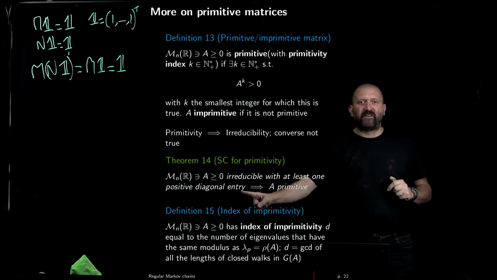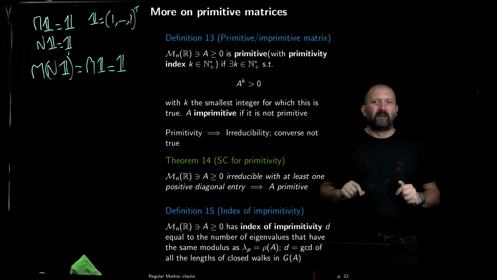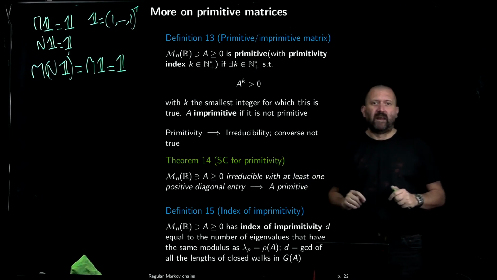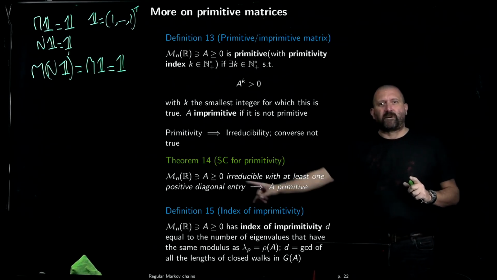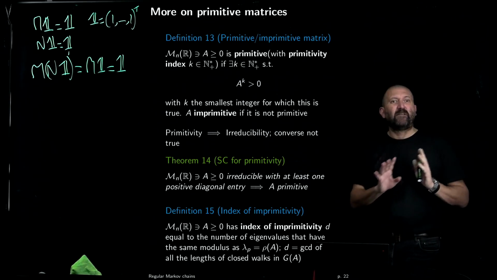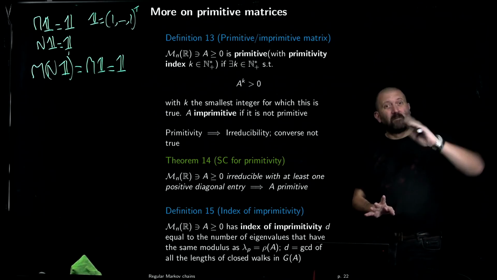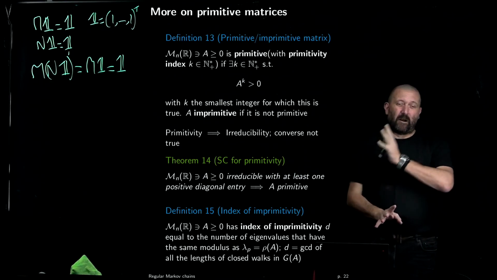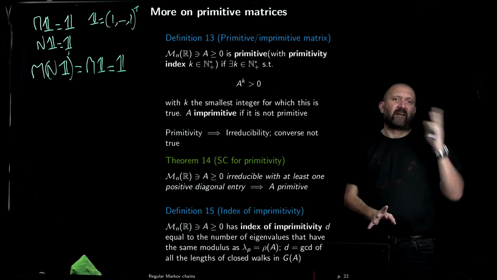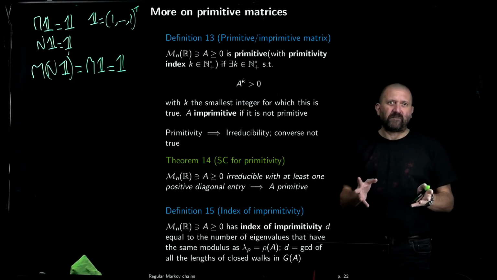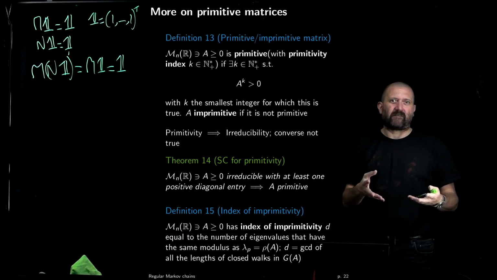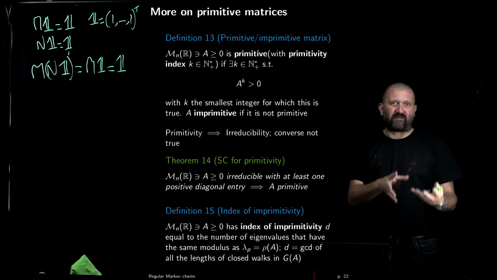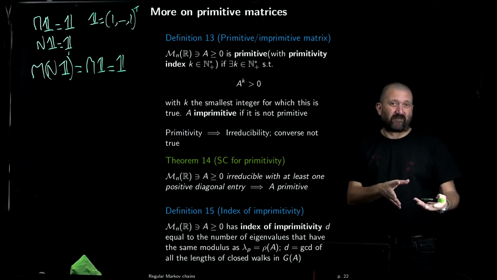Now, this is something that's workable. That first theorem there is a sufficient condition for primitivity. And that sufficient condition is very simple. So if you have a non-negative matrix that's irreducible, so remember, this takes us back to a few slides ago when we were saying a matrix is irreducible if the associated digraph is strongly connected. So suppose that I have a matrix that has an associated digraph that is strongly connected.